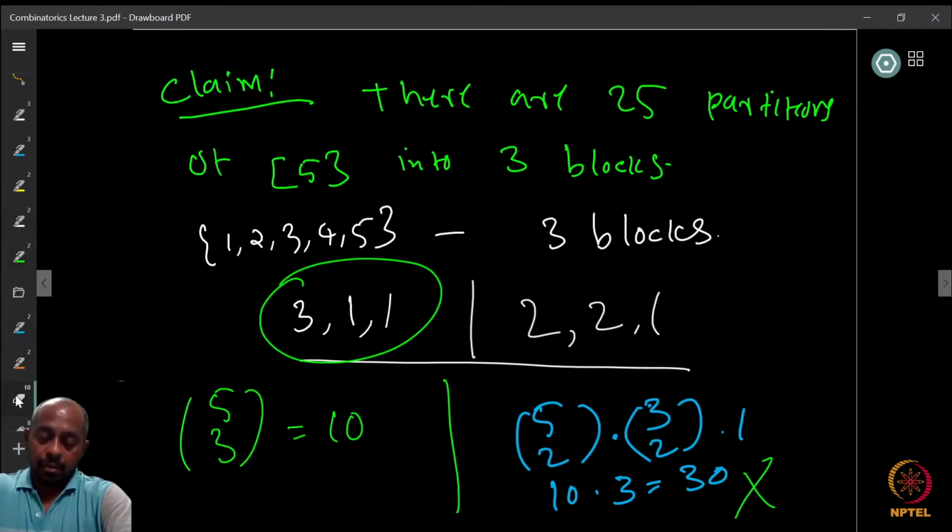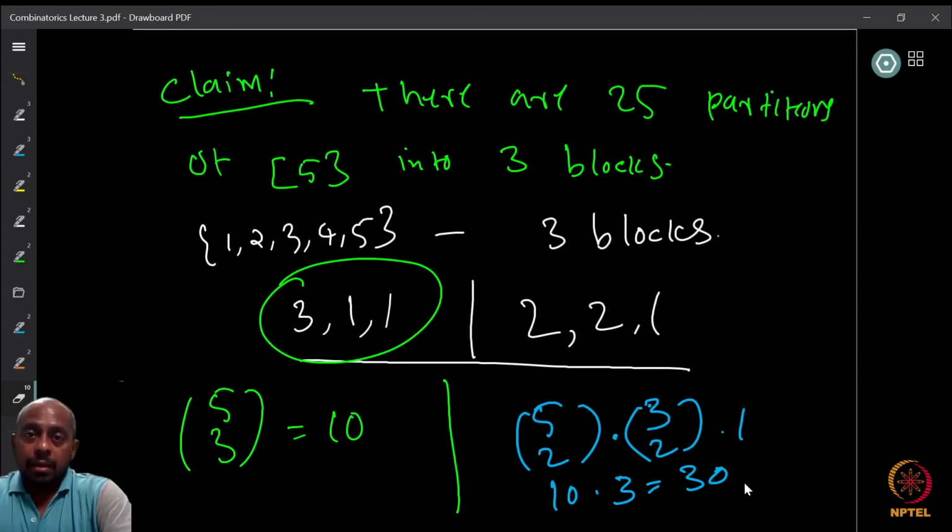The reason is that when you selected the first 2 element subset in 5 choose 2 or 10 possible ways, and then you selected a 2 element subset from the remaining 3 elements, the 2 element subset that you selected in the first and the remaining 2 element subset you selected in the second could also appear the other way around: those 2 elements were selected in the first choice and the other 2 elements were selected in the second choice.